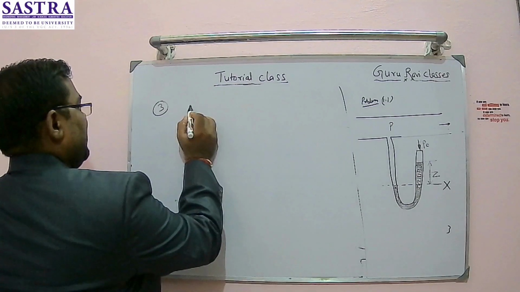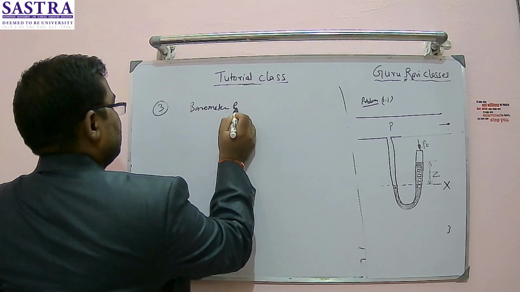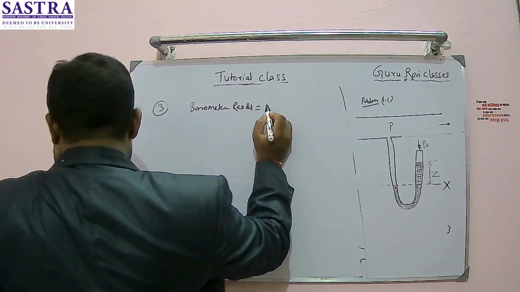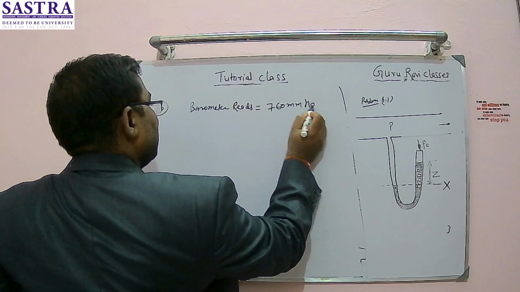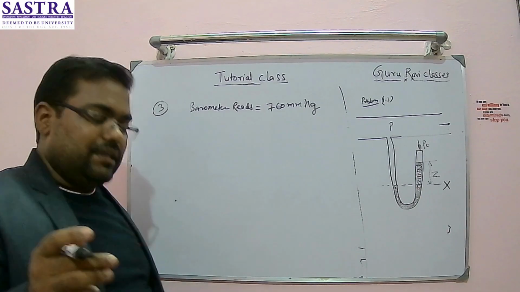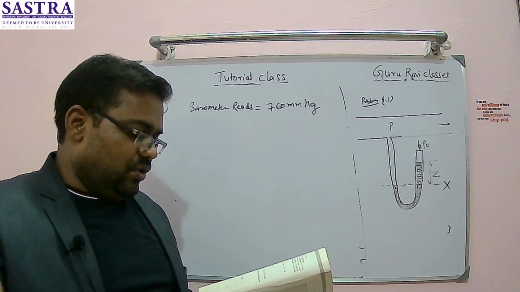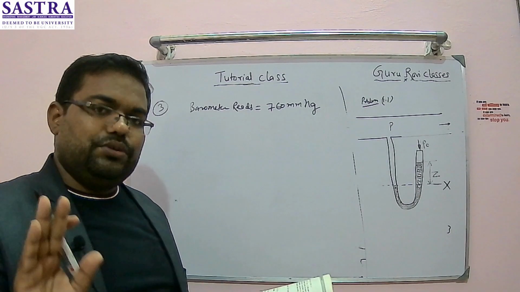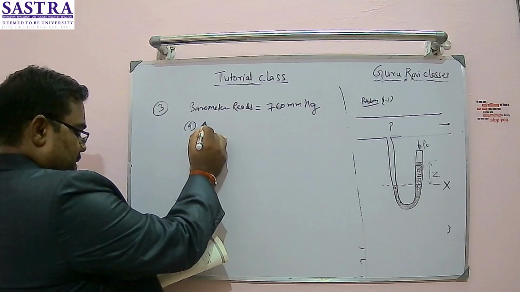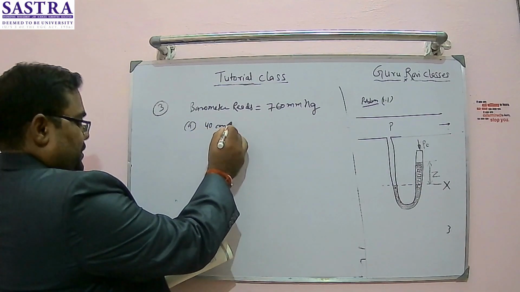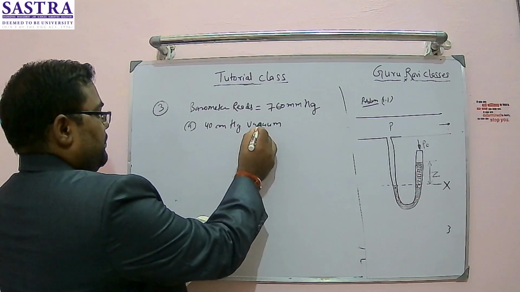So keep in mind the barometer reads 760 mm of Hg, and you need to convert whatever pressure I am mentioning here to kilopascal absolute, right? Absolute pressure you need to calculate. So I am writing the first condition, which is given as 40 centimeter Hg vacuum.